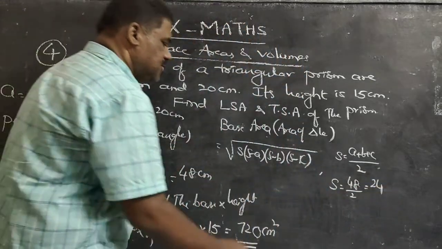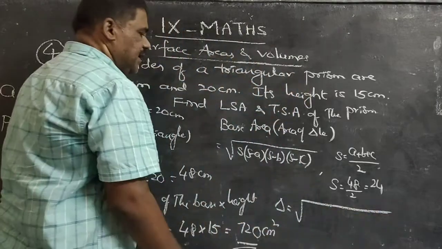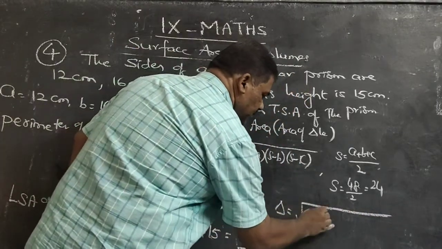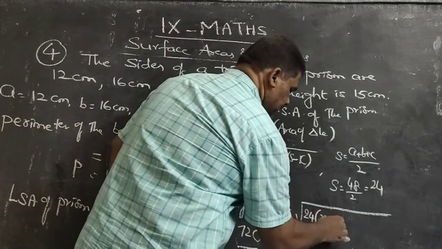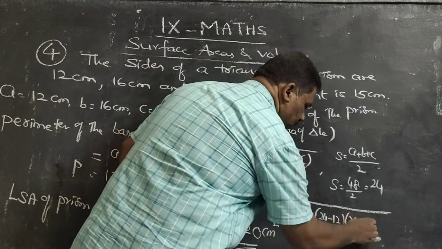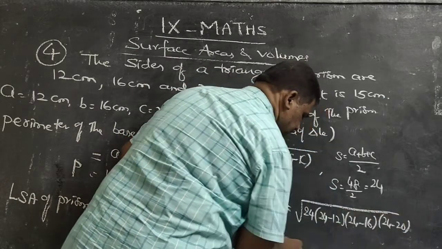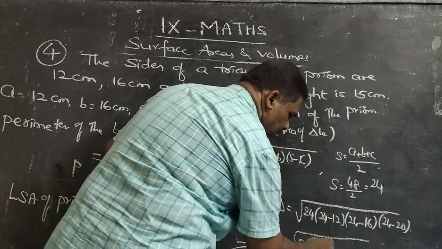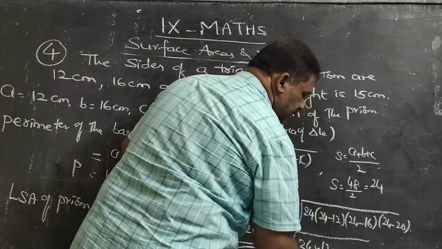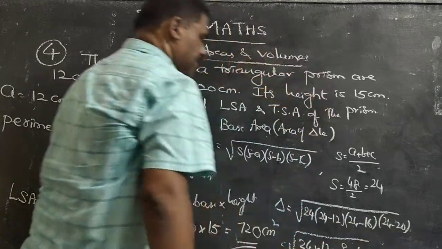So here let us substitute. Area of the triangle is equal to root of s into 24 minus 12, 24 minus 16, 24 minus 20. 24 minus 12 is 12, 24 minus 16 is 8, 24 minus 20 is 4.